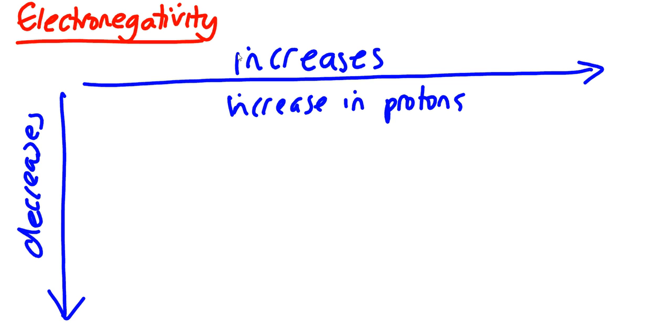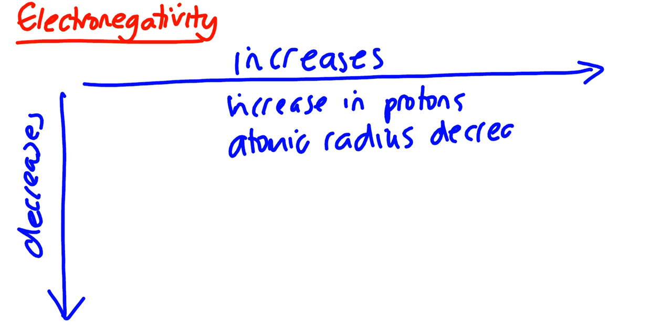Shielding and atomic radius. How does atomic radius change across a period? Okay, atomic radius decreases. Why do atoms get smaller as you go across a period? Okay, we know there's an increase in protons, but what else do we need to consider?